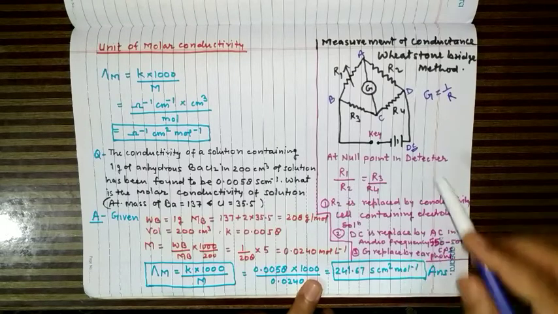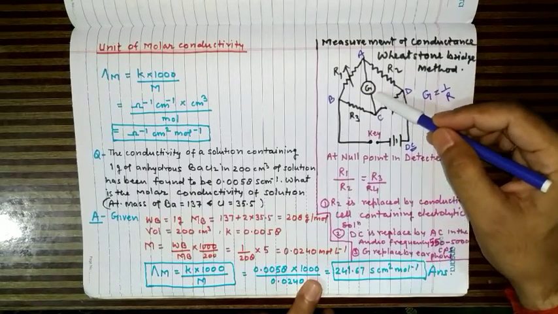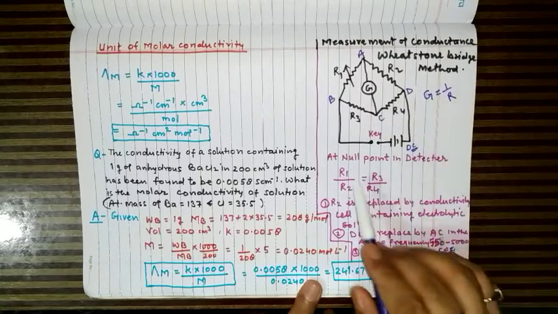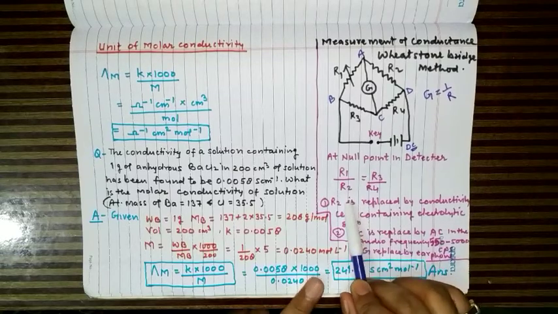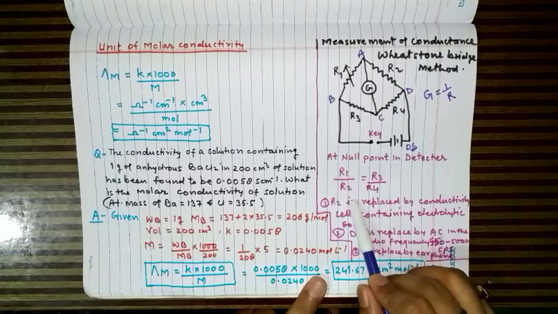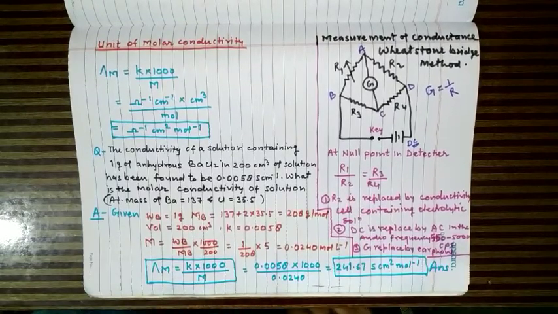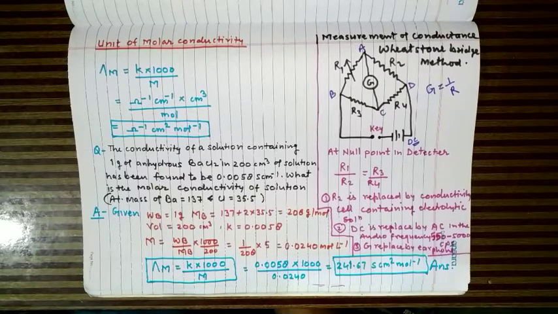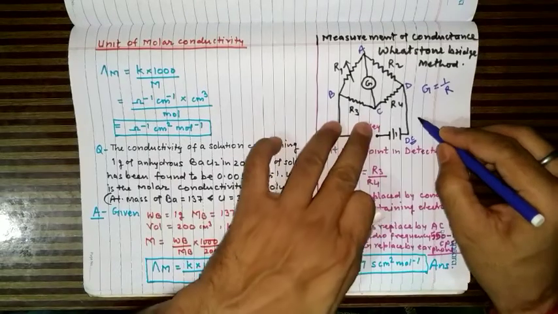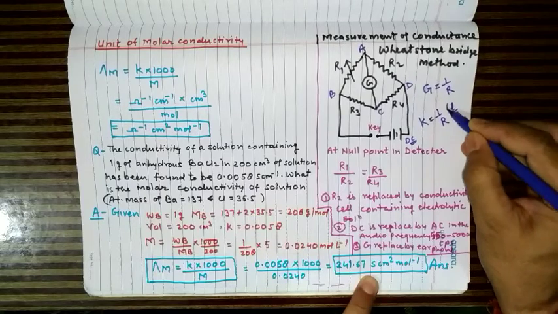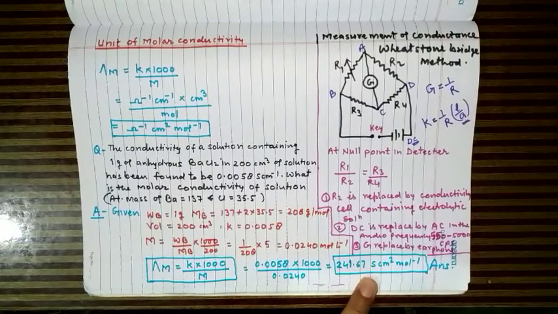The next change is that the galvanometer we will replace with an earphone, and when we change these three arrangements, then at the null point the same ratio will exist, that is R1 to R2 equal to R3 to R4, and R2 can be determined. So in this way we can determine the resistance of the electrolytic solution taken, and once the resistance is known we can measure the conductance, and also we can measure the kappa, because we know that kappa equal to 1 upon R into L by A. The conductivity cell we have taken will have a definite value of cell constant.